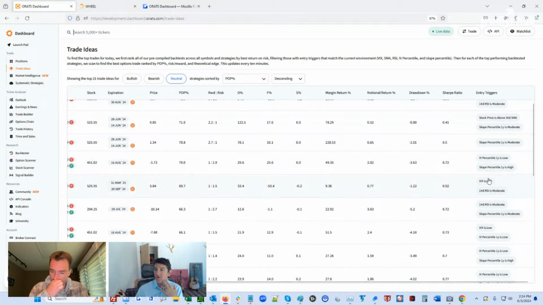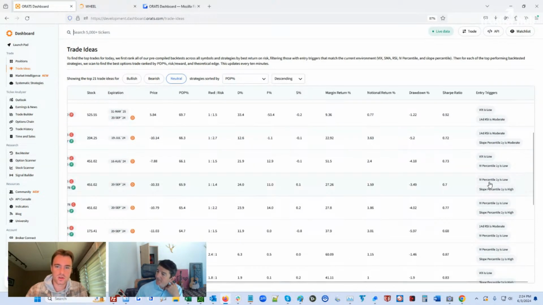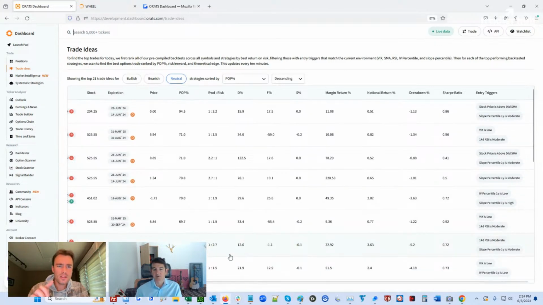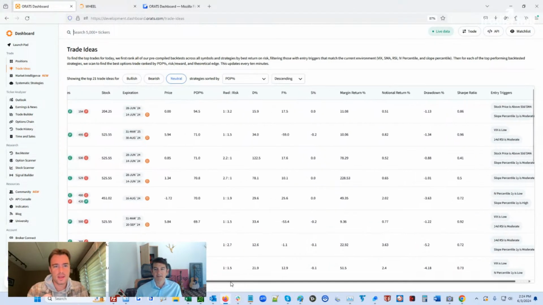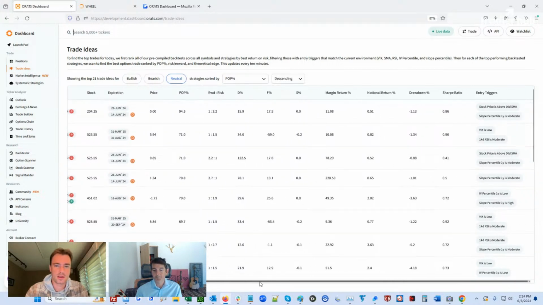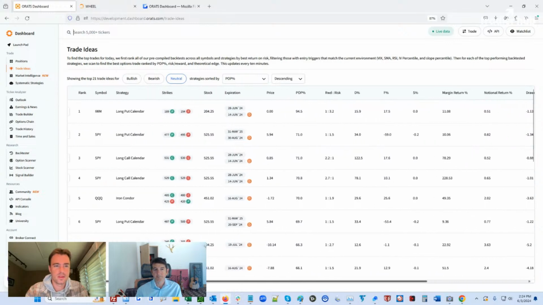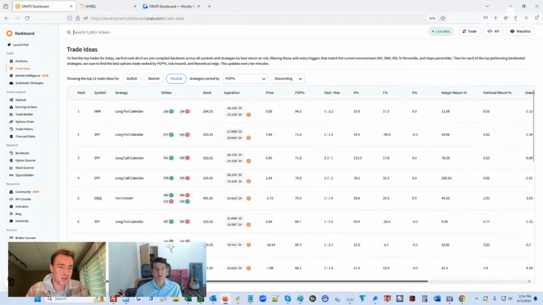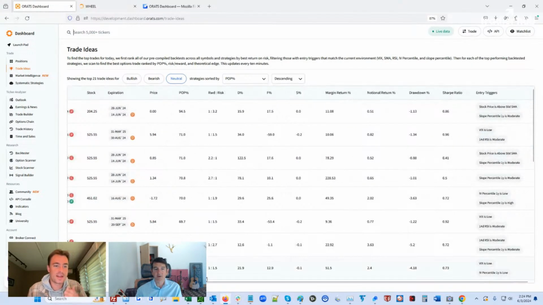It's very cool because these entry triggers correspond to the current environment. So the backtests we're showing you in this table of trade ideas are where those entry triggers meet the current market conditions. These will be changing throughout the day and day to day.